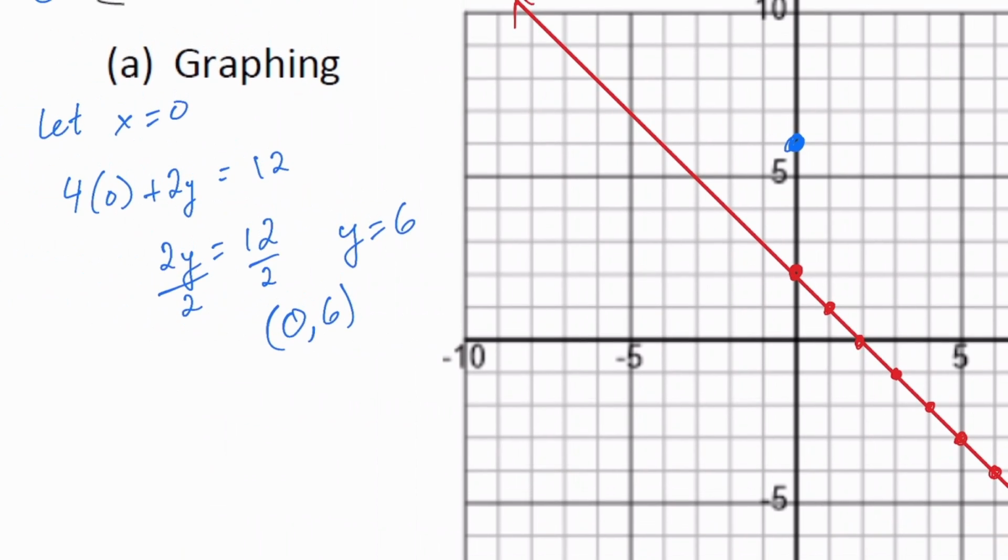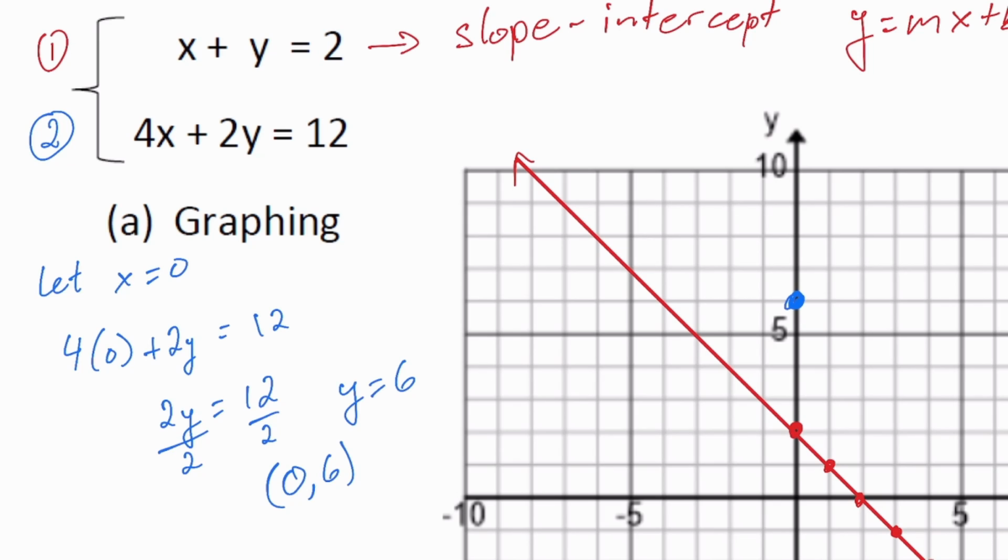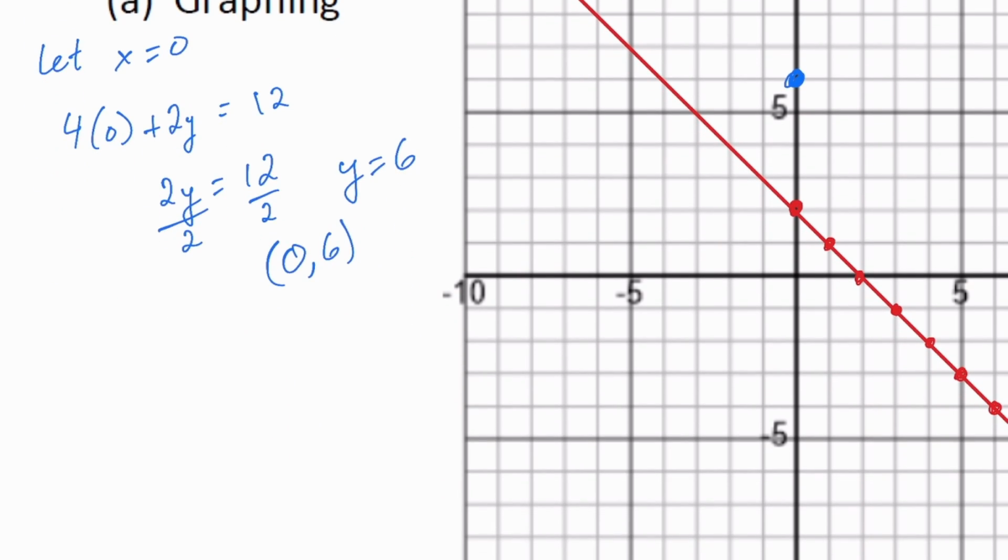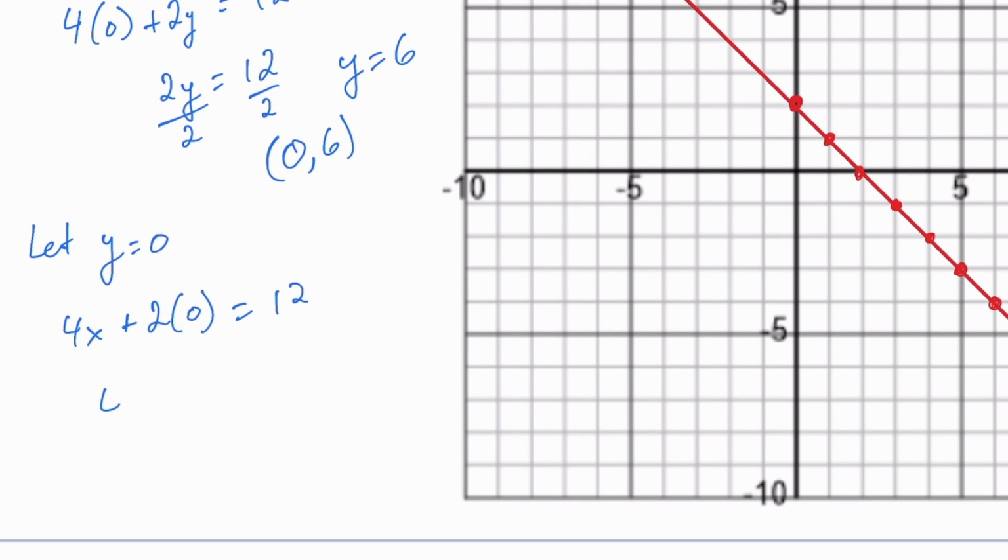And then for my x-intercept, I'm going to let y be 0. Next, we're going to let y equal 0. Then I'm going to have 4x plus 2 times 0 equal to 12. 2 times 0 becomes 0, so I get 4x is equal to 12.